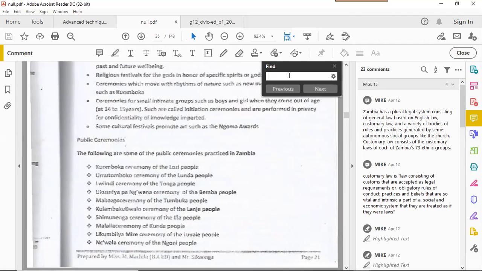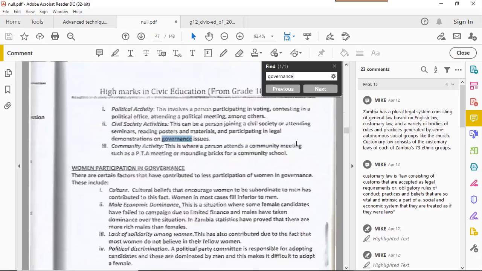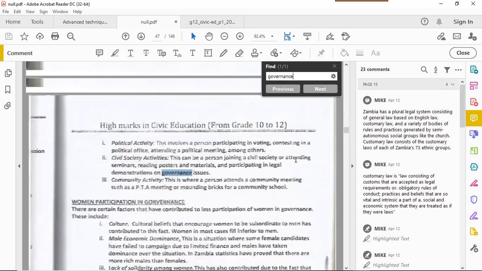Or on your phone, you can click the search button, and imagine you have a past paper, in the search button you can just type sovereignty. We say governance. Governance. You click on the search button and it will direct you to the topic.